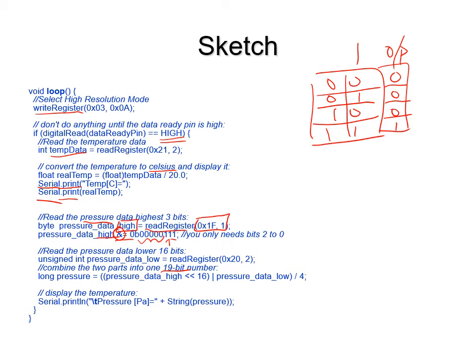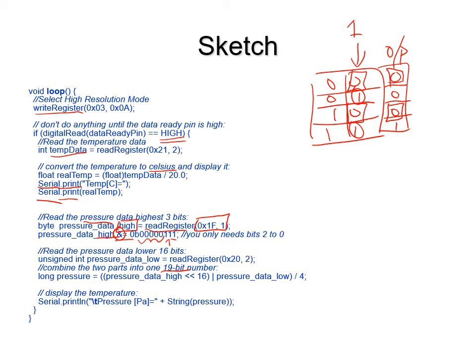Now, if the mask bit is a 1, the output follows the data: if the data is 0, it gives 0, and if the data is 1, it gives out a 1. And if the mask bit is 0, the output is always a 0. So it will mask the first 5 bits in your high bit data.